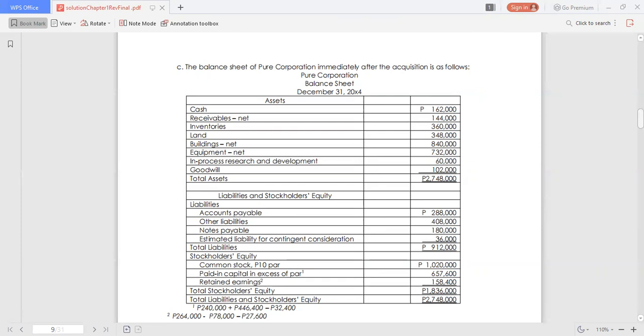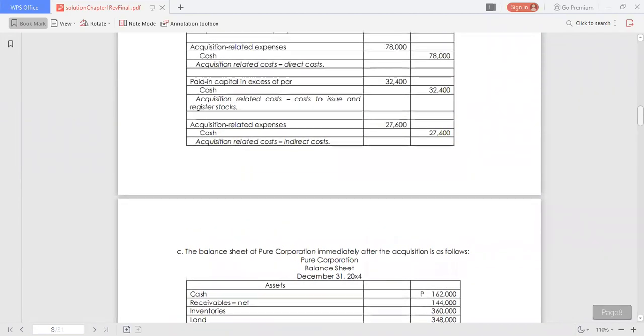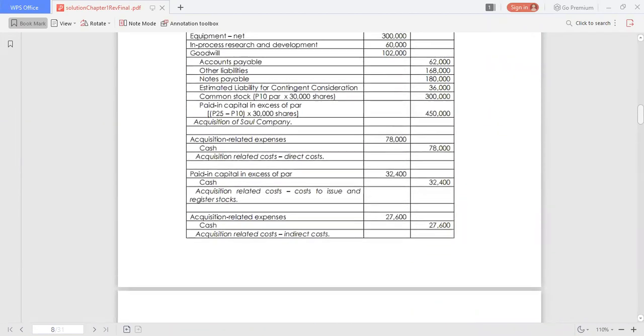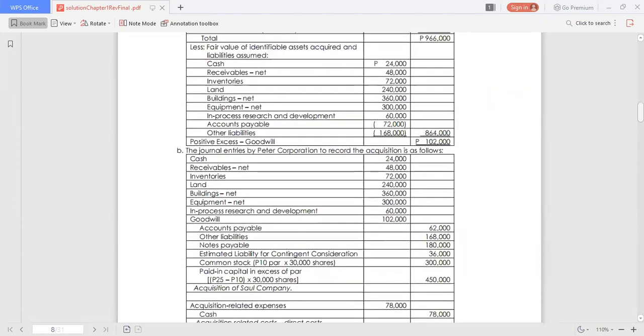So we have the amount of cash of only 162,000, because the initial amount of cash of Pure is 276,000. However, we have the acquisition related expenses.